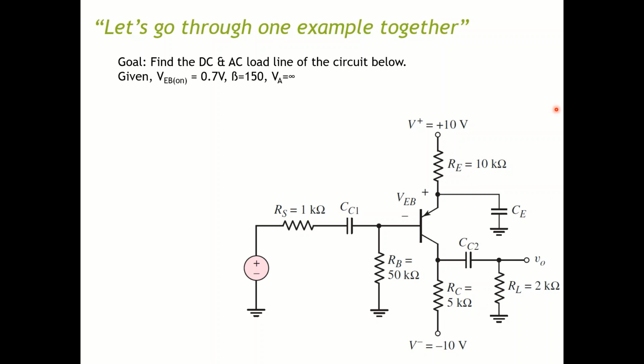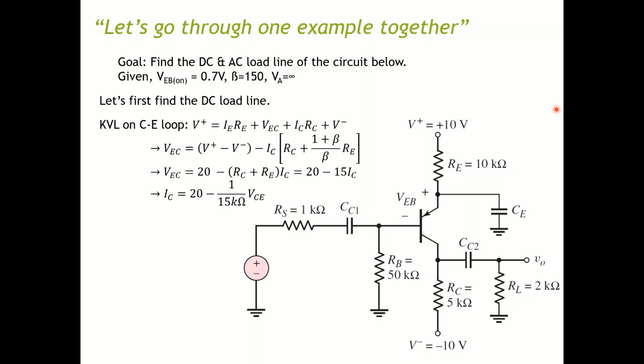So let's start with the DC load line first. What do we have here? We work on the collector emitter loop in here. We can relate all the voltages together, just like the previous case.